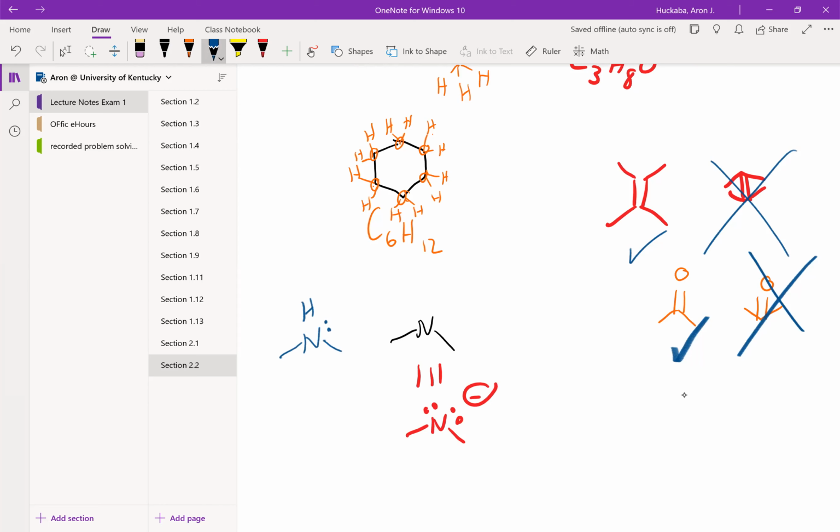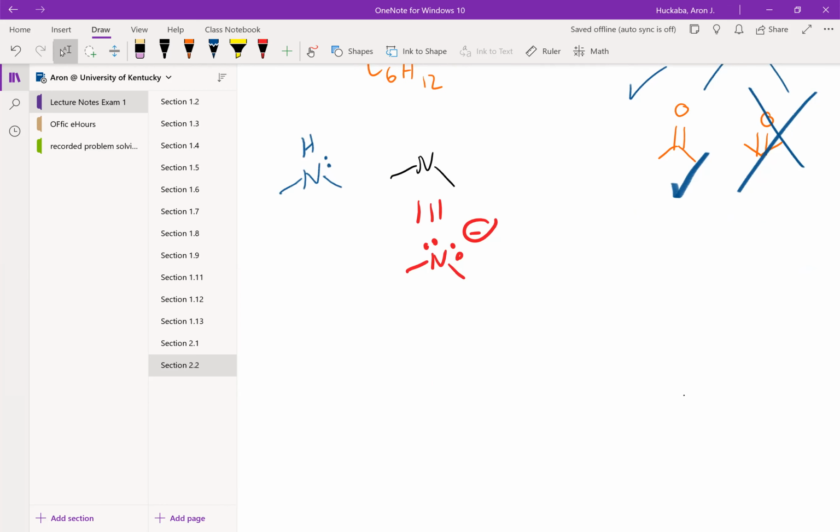One last thing before we stop for this section is that spatial orientations of drawings don't really matter as long as all the angles look right. So if you have this molecule, it's the same. Whoops, that's a bad one there. There we go.